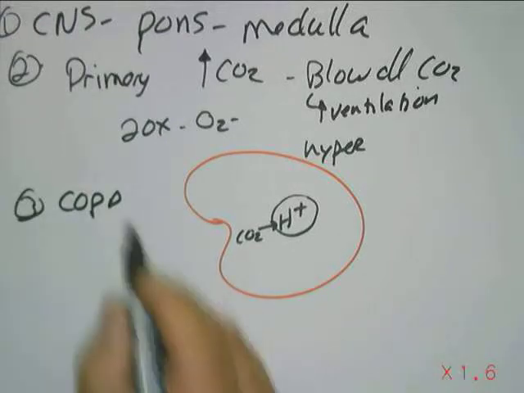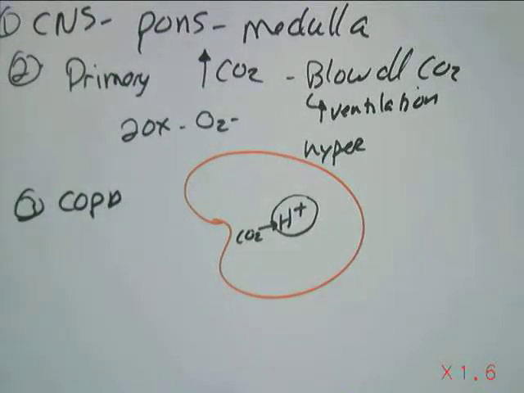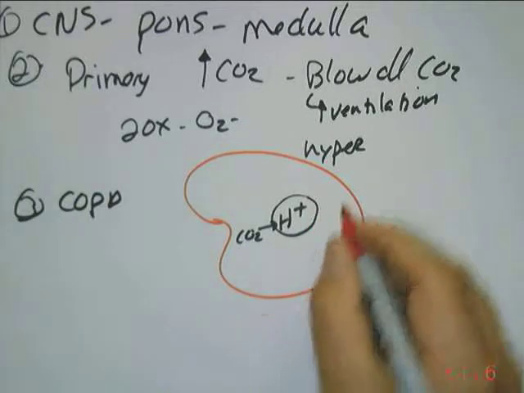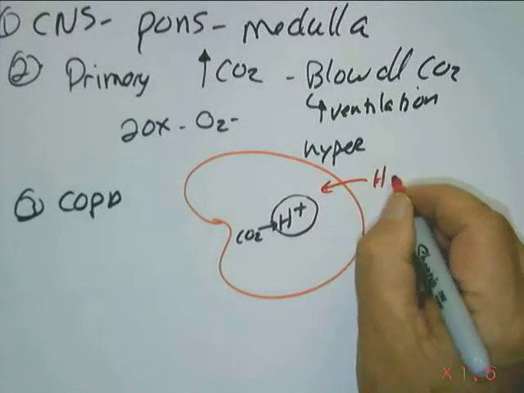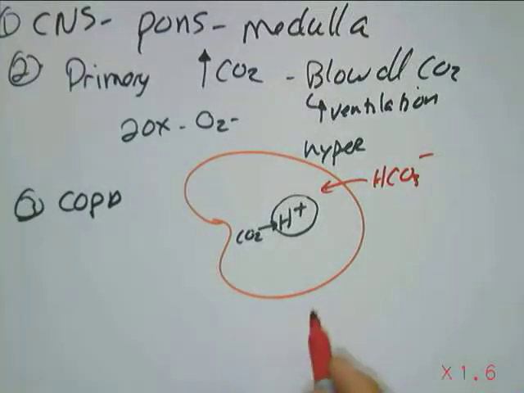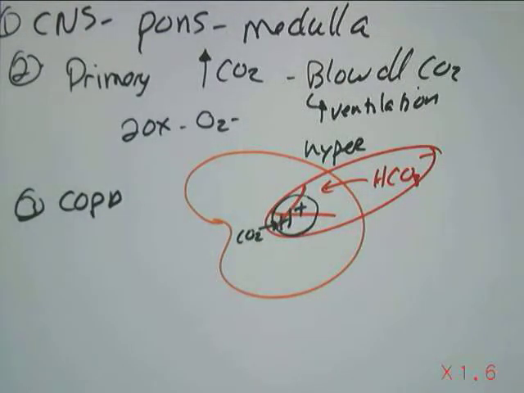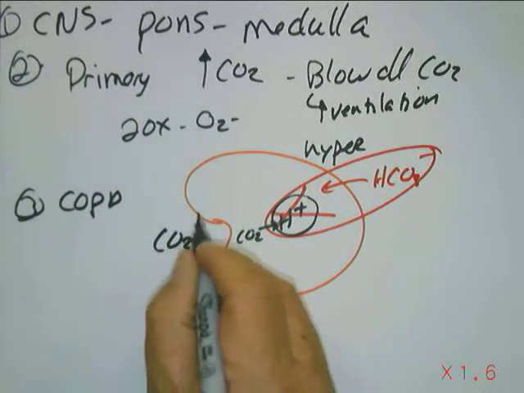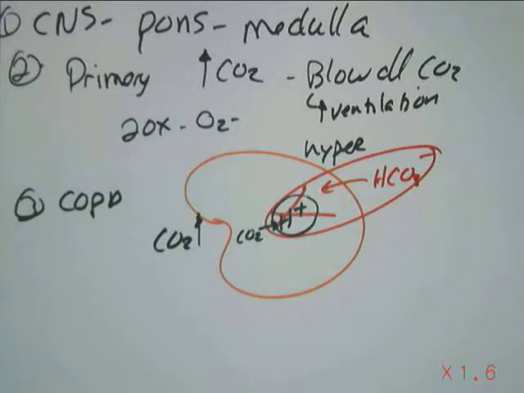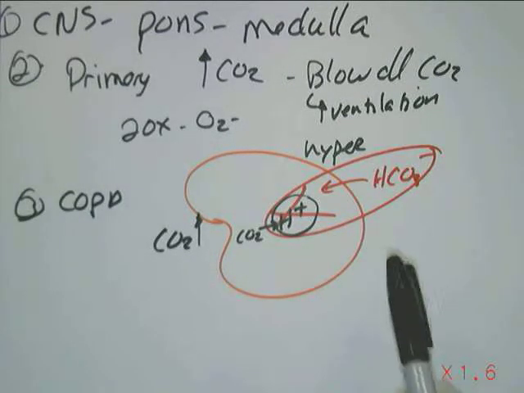However, in a person who has chronic COPD, the brain, knowing this is dangerous, will secrete bicarbonate. The result is that the hydrogen is neutralized. So although CO2 levels in the blood may still be high, that is no longer reflected in the brain and no longer causes the urge to inhale.